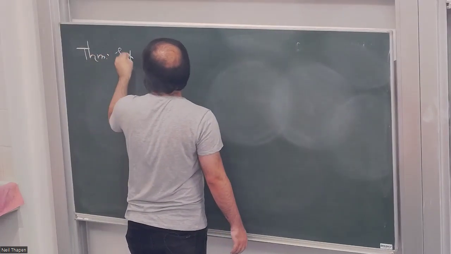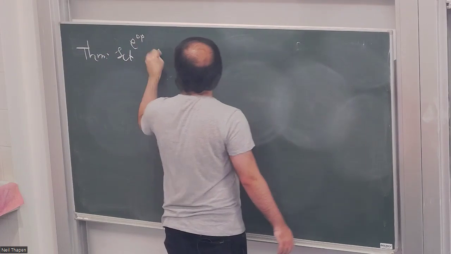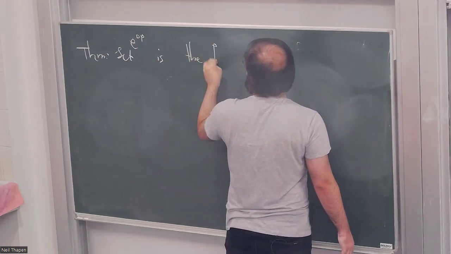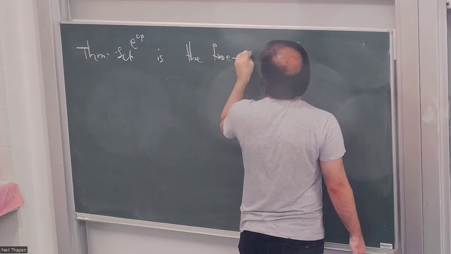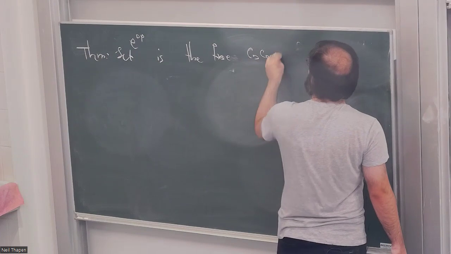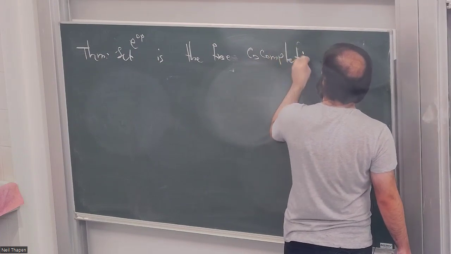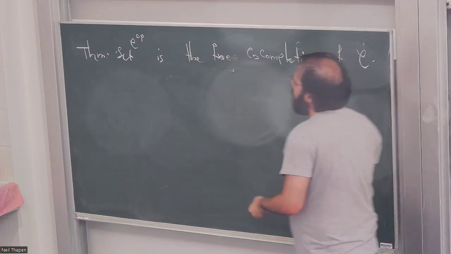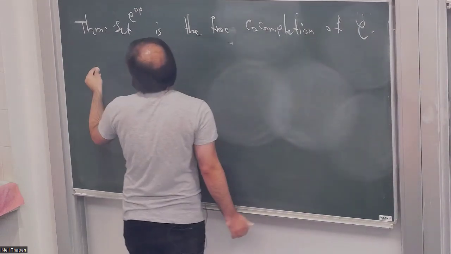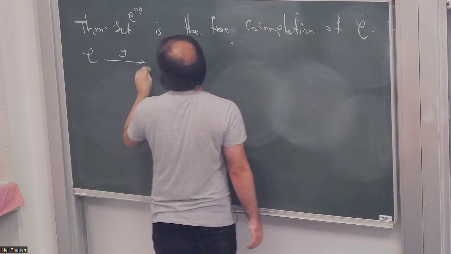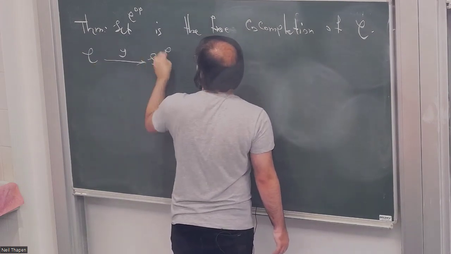that Set^(C opposite) is the free cocompletion of C. What do I mean by that? Technically, it means that there is a map, Yoneda, of course, from C to Set^(C opposite).